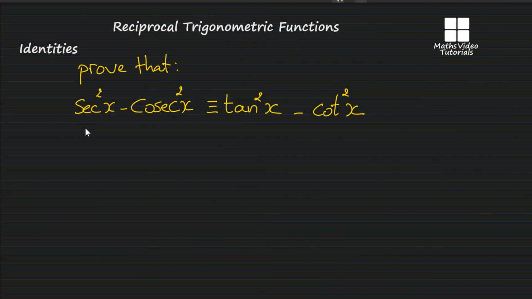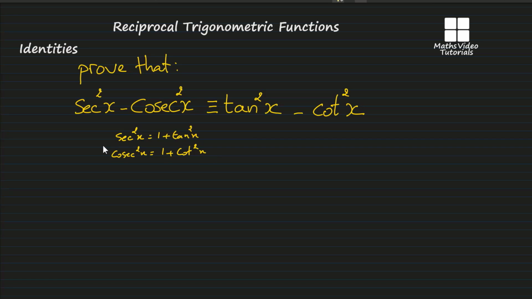This one shouldn't be difficult to prove because we know the sec squared identity is 1 plus tan squared, and the cosec squared x is identical to 1 plus cot squared x.